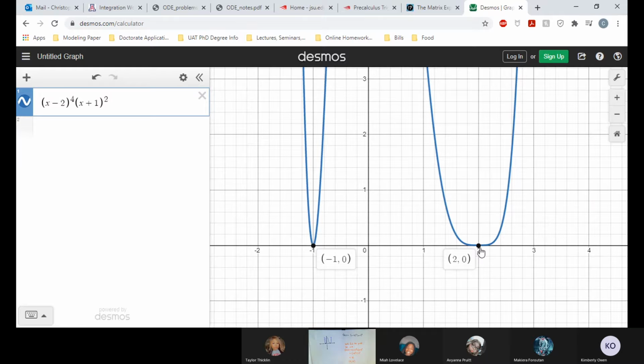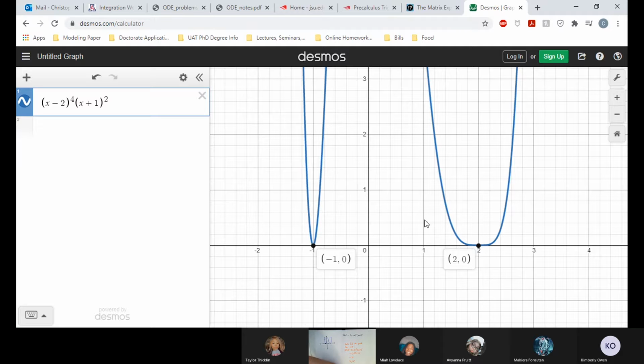It bounces off of that left-hand one pretty fast, but it tends to want to stick around this one. See how flat it gets right there around that point? That's going to happen when you have higher multiplicity. When the multiplicity is higher, the function wants to stick around the x-axis for longer.